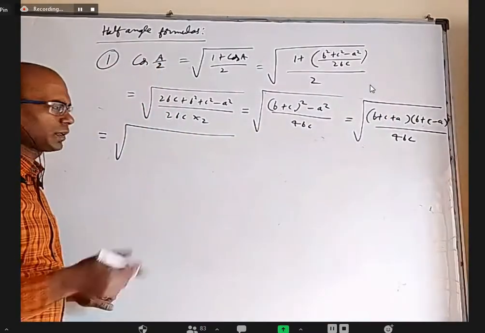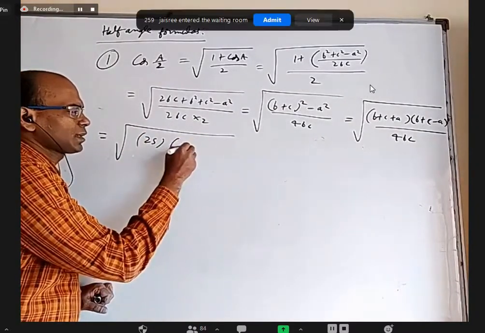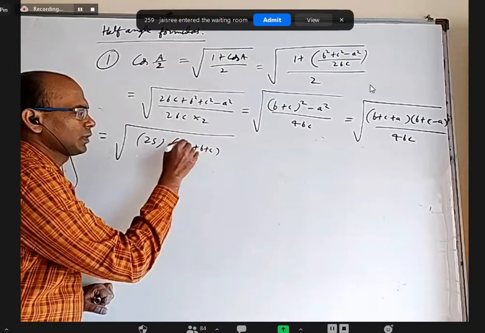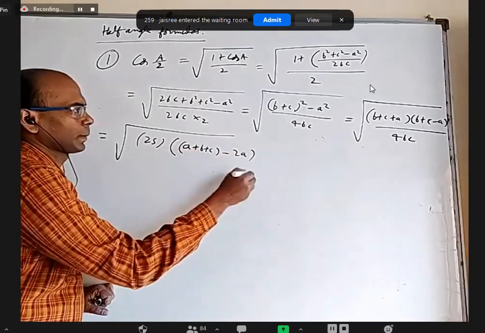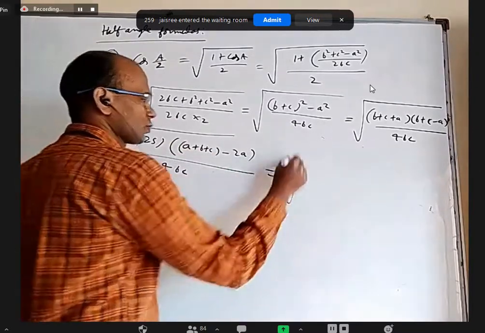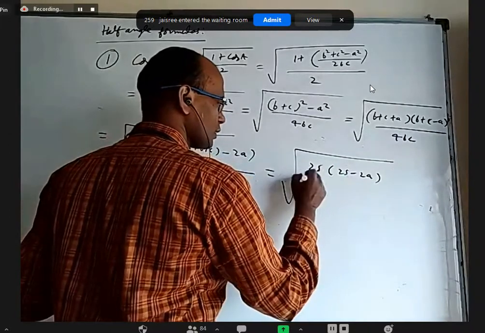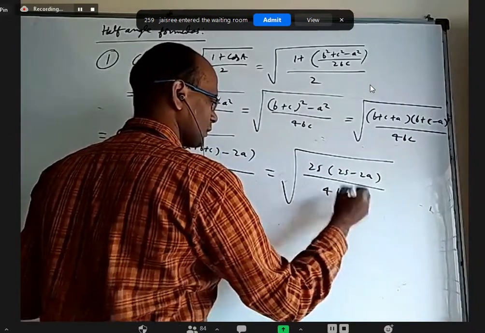S is semi-perimeter, so I can write this as 2S. And here I'll add A and subtract A. I'm going to write A plus B plus C minus 2A by 4BC. This is 2S now again. So 2S into (2S minus 2A) by 4BC.